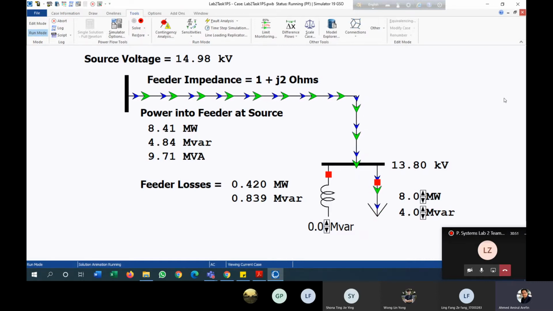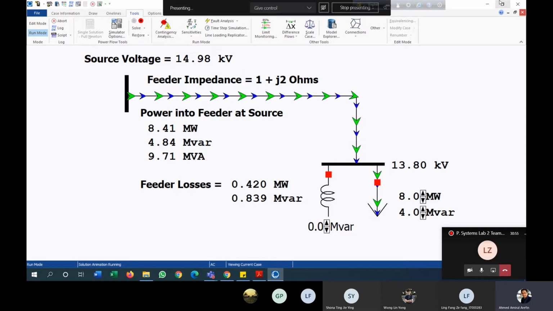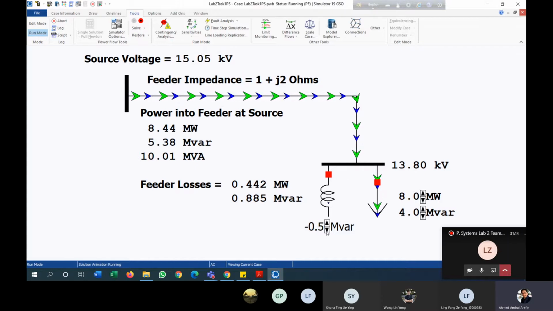Okay, so this is the initial stage. If I calculate this one, 14.98 and 13.8, times 100, from here the voltage regulation is 118 in terms of percentage. So once you are changing, it is also changing, so your voltage regulation will also change.